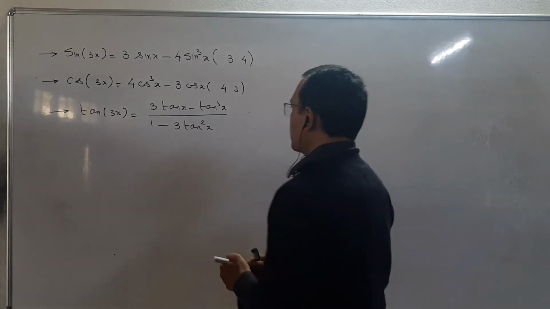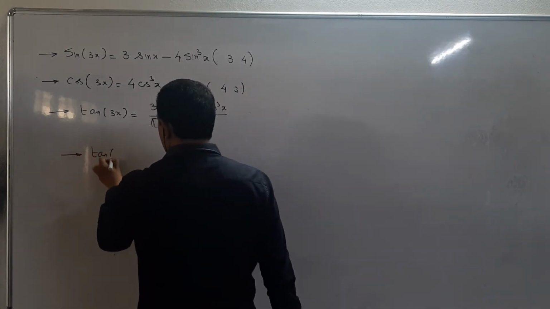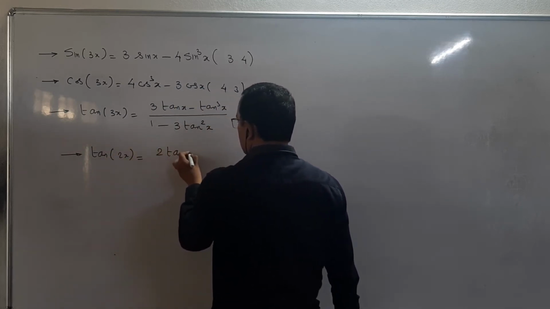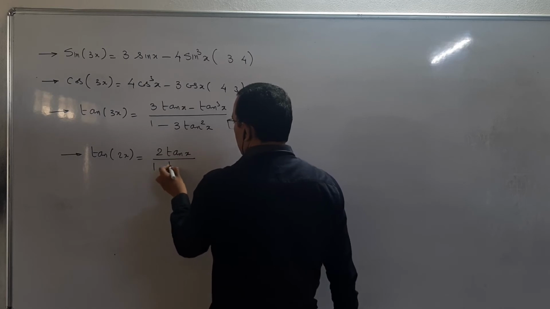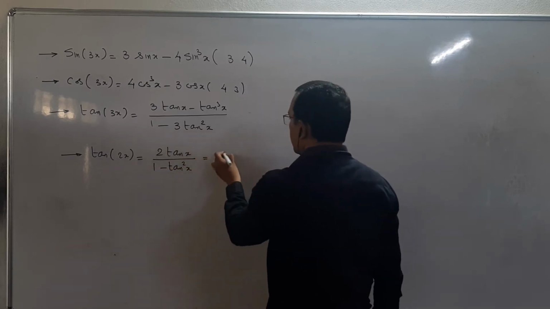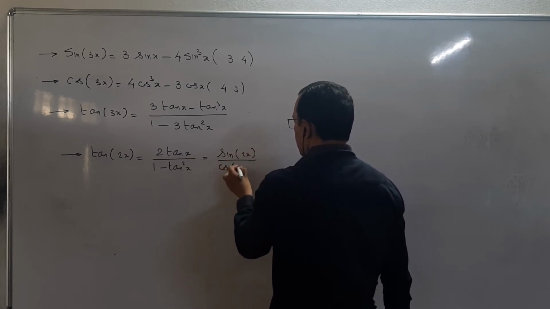And one more formula, which I derived on the basis of tan x plus y. Tan 2x is 2 tan x upon 1 minus tan square x. This can be derived on the basis of the formulas of sin 2x and cos 2x.